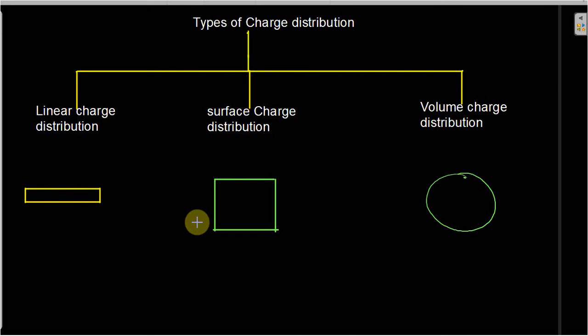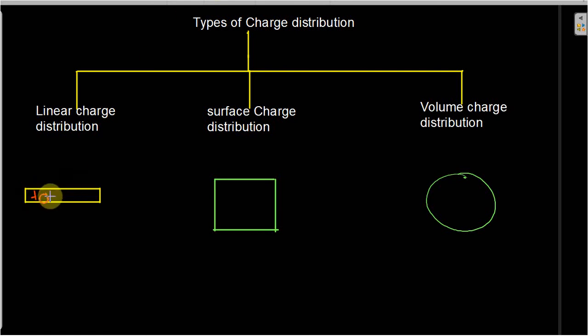So let us consider we have a linear body. In a linear body, we know it's a straight line, and let us suppose there is a uniform charge distribution on it, or you can draw the positive charge on it.